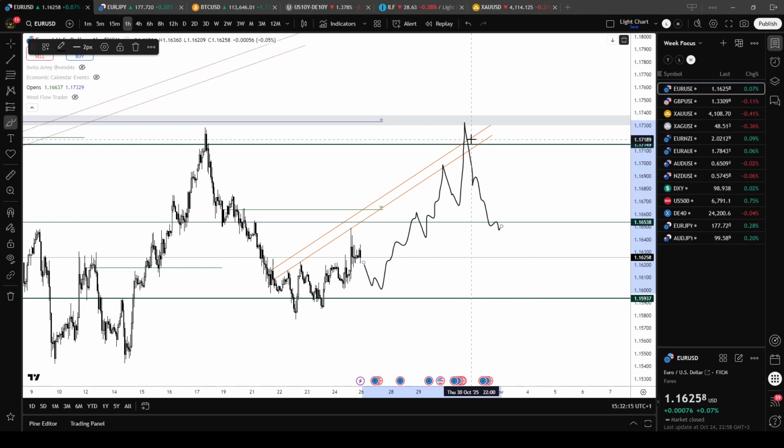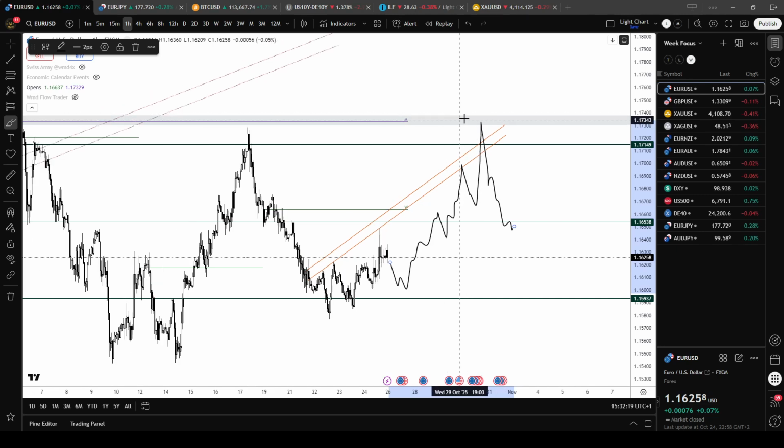And the moment we get a rejection from the monthly open and the gap is filled, I mean, above here would be our invalidation, and I'd be shorting, and I would not expect this zone here to hold.